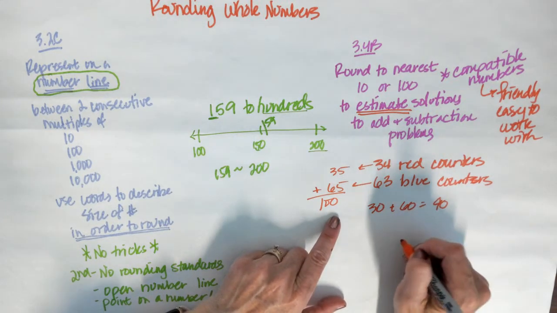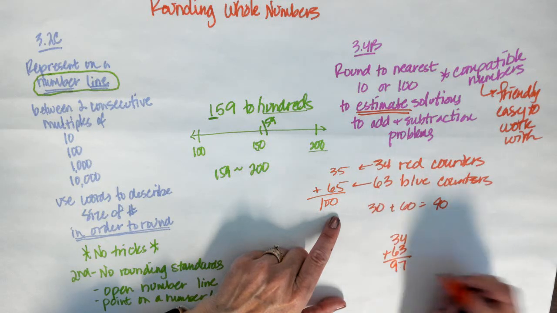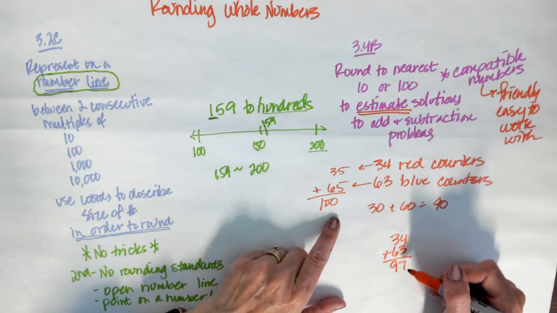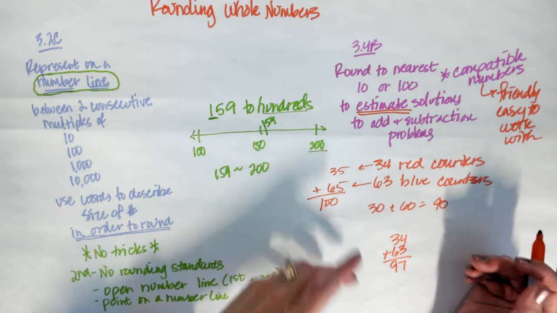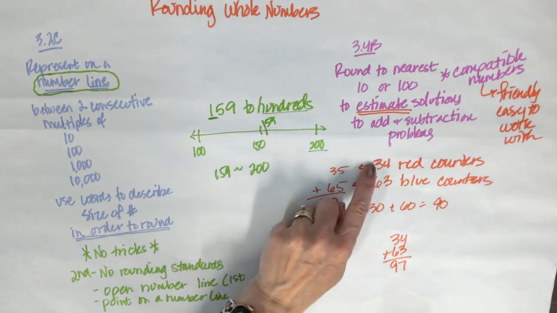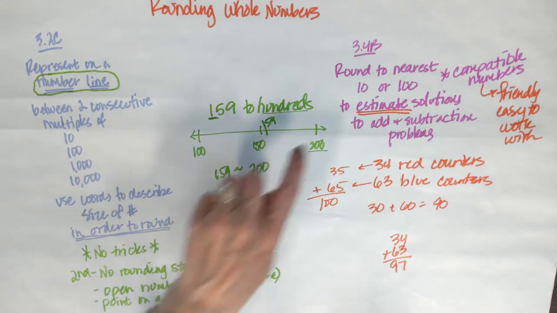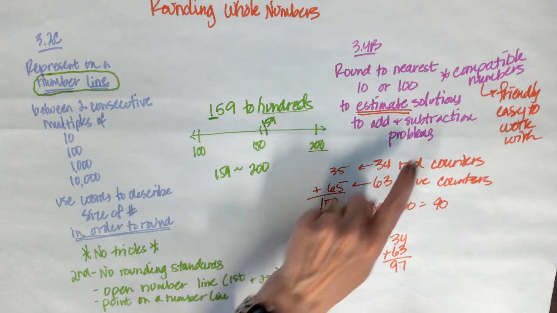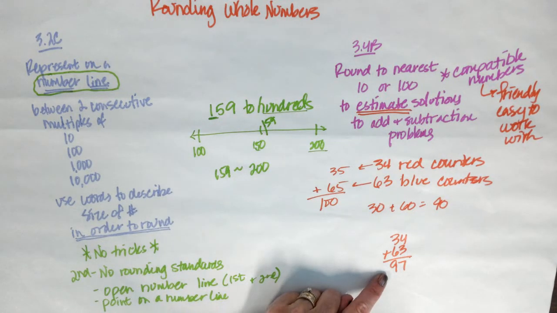Well, we could find the actual solution and say, well, they're both okay because they're both really close to the actual answer. Estimation is not designed to give us an exact answer. It's designed to get us in the ballpark. We want to be in a close ballpark. We don't want to say, well, this is close to 0 and this is close to 100. That wouldn't make sense. But we could round to the tens, or we could use compatible numbers, and both of these get us a reasonable answer.